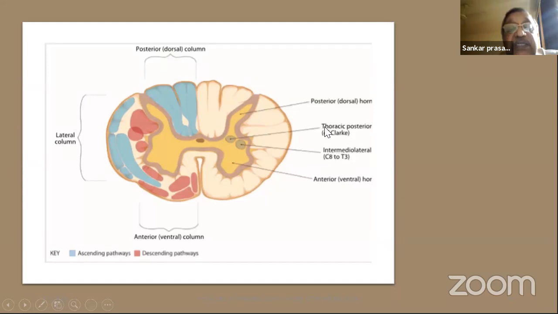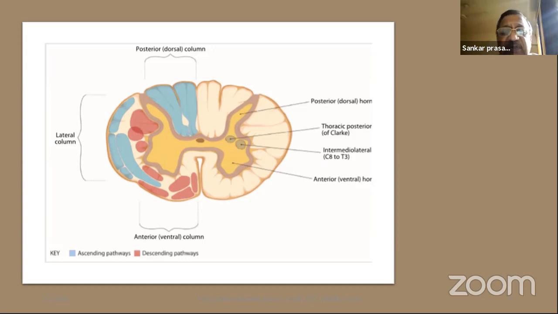What happens is, the sensory information coming from the lower limbs, as far as proprioception is concerned, that is vibration and joint position sense, comes up to the dorsal root ganglion, through a peripheral process conducting this information from the periphery to the dorsal root ganglion. From there it enters the spinal cord and ascends ipsilaterally up to nucleus gracilis and cuneatus, and from there it crosses to the opposite side.